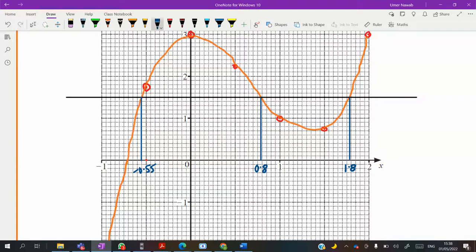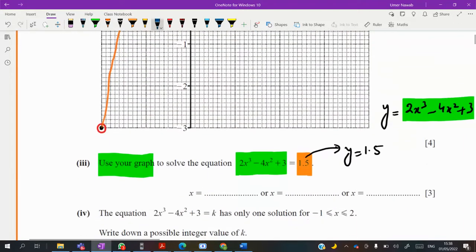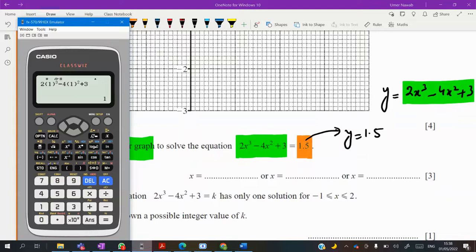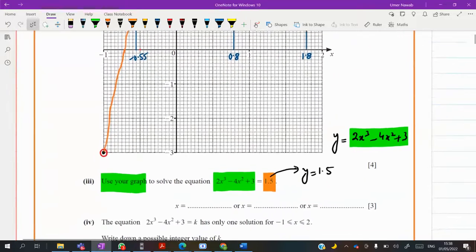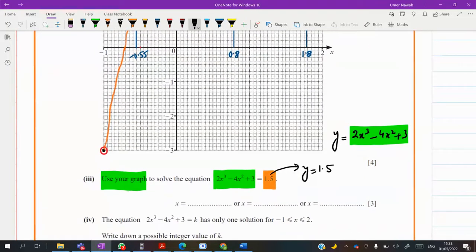Now you can also use the equation solver of the calculator, just for verifying your answers. But let me copy my answers first. My answers are minus 0.55, 0.8, and 1.8.